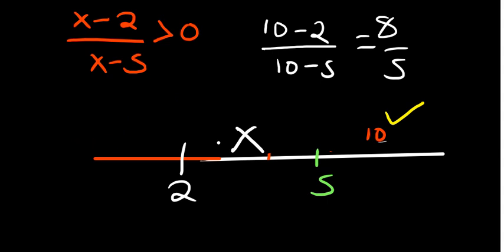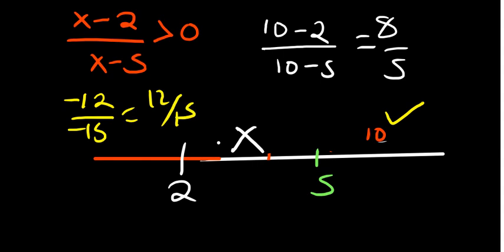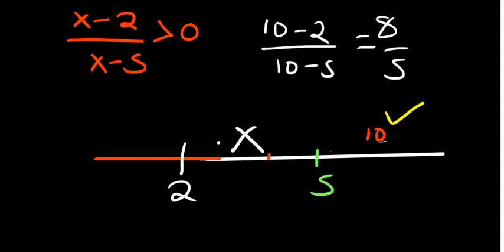We can get an even smaller number, maybe negative 10. It will be negative 12 over negative 15, which will still be a positive value, right? So it seems all the values less than 2 are going to make the function greater than 0.